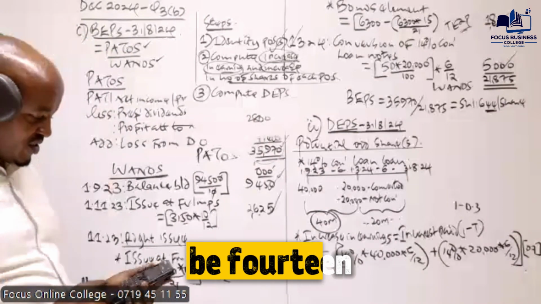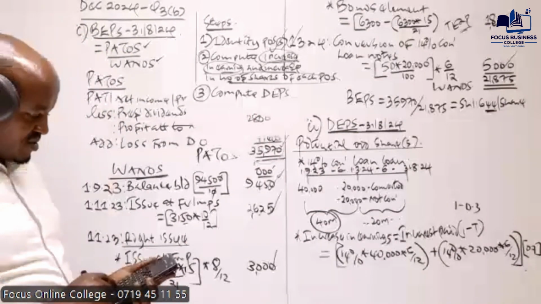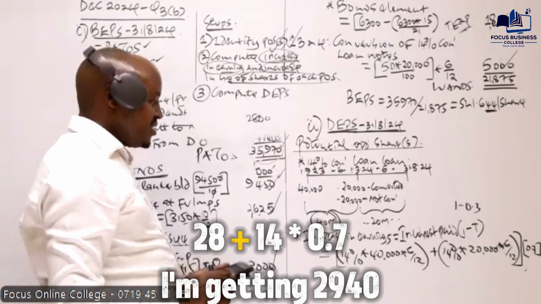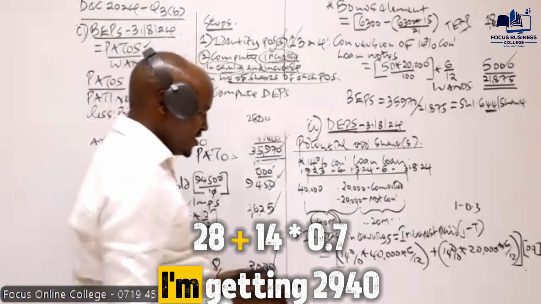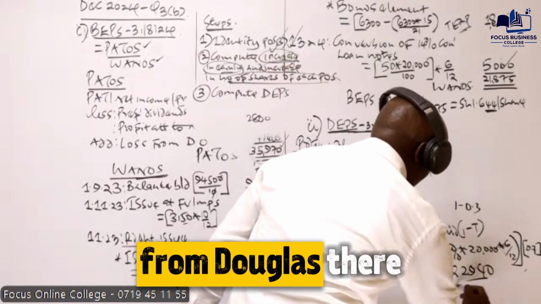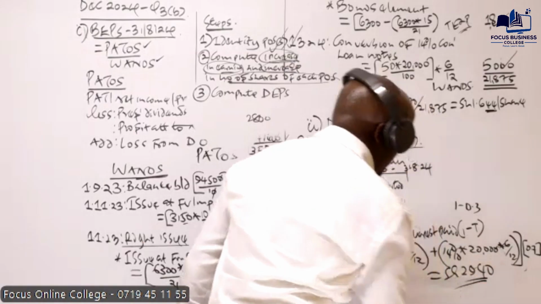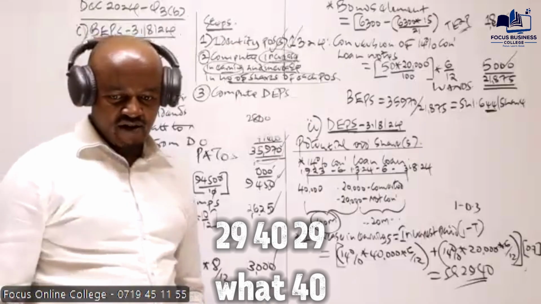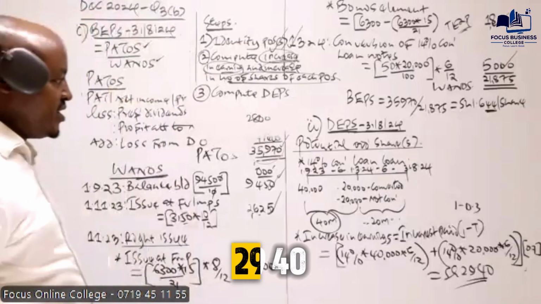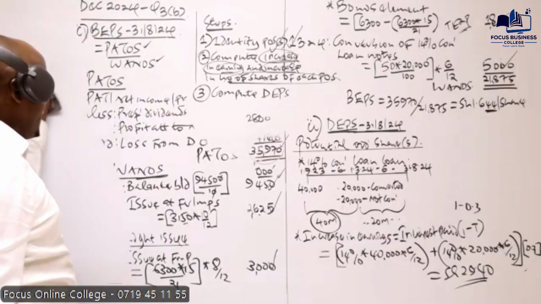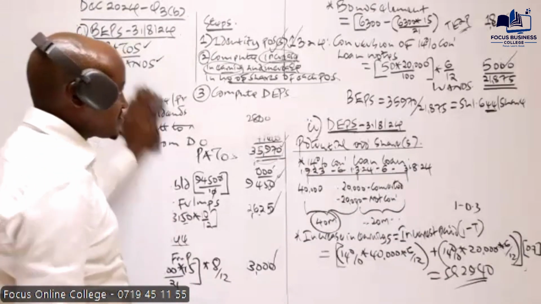Half of that will be 14. 28 plus 14 times 0.7. I'm getting 2940. Yes, that is also the same figure I have from Douglas there. 2940. Yes, basically, that's what we have.